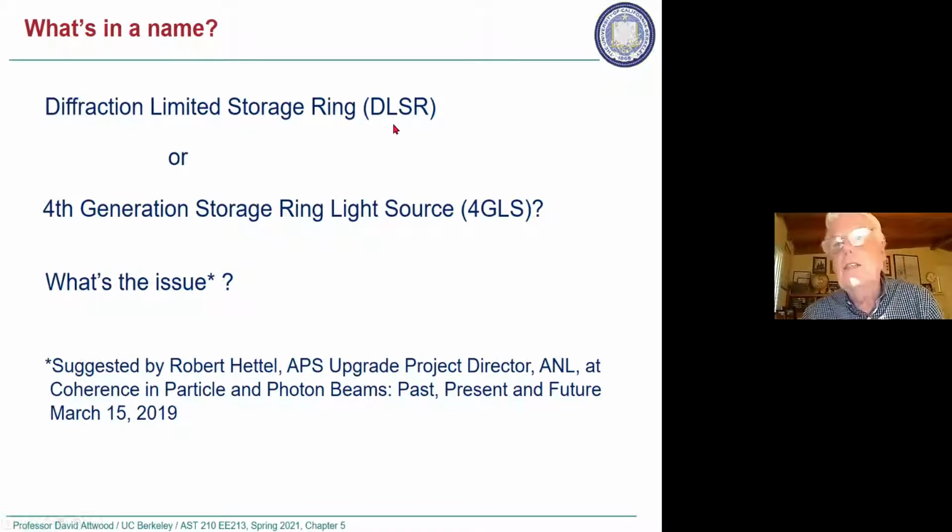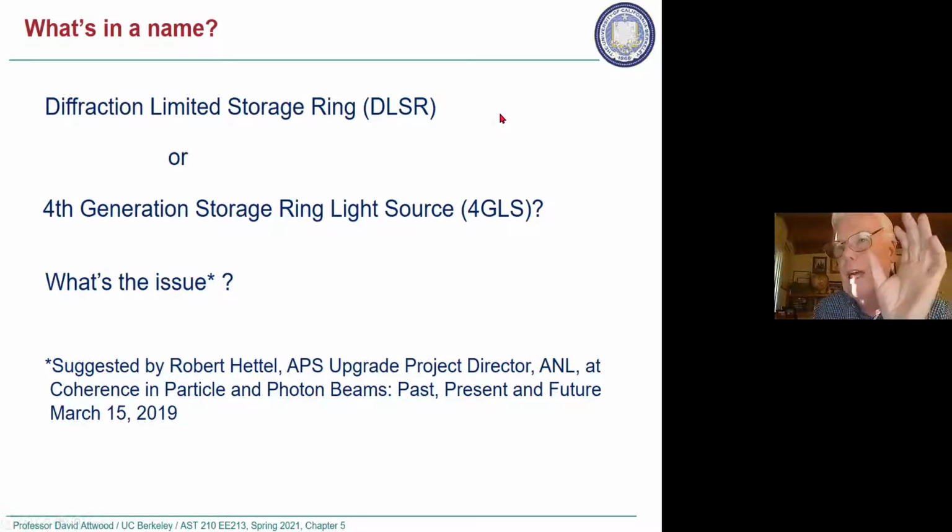We call these diffraction limited storage rings. But in fact, a better name would be 4th generation storage rings, because when they say diffraction limited storage rings, they imply that the radiation that comes out has complete spatial coherence. And in fact, it's not quite true. The beam size will be just what you want, but the divergence of the electrons is not corrected. So you don't quite get to the condition, our d dot theta full width at half max roughly equal to lambda over 2.